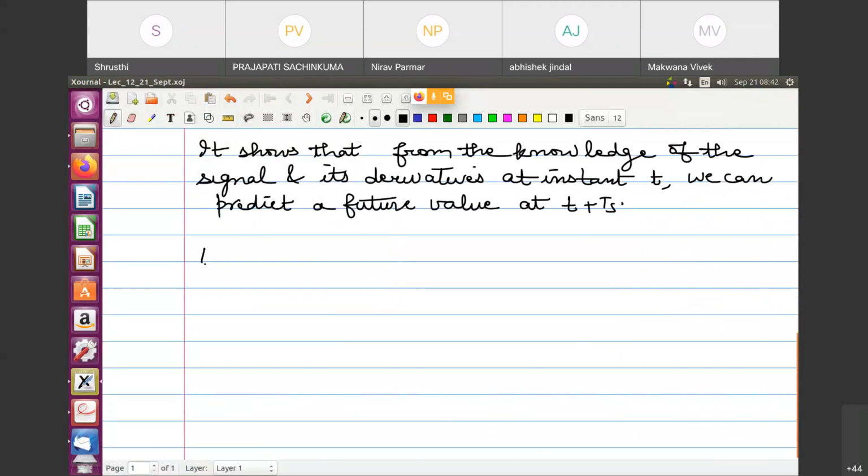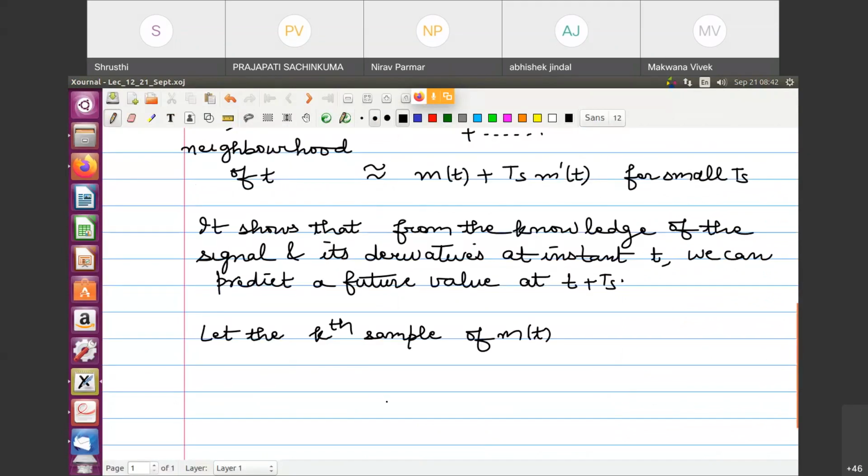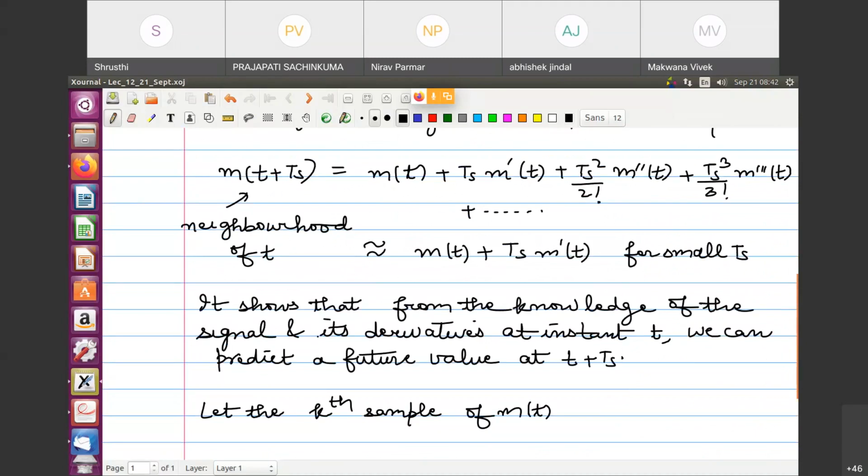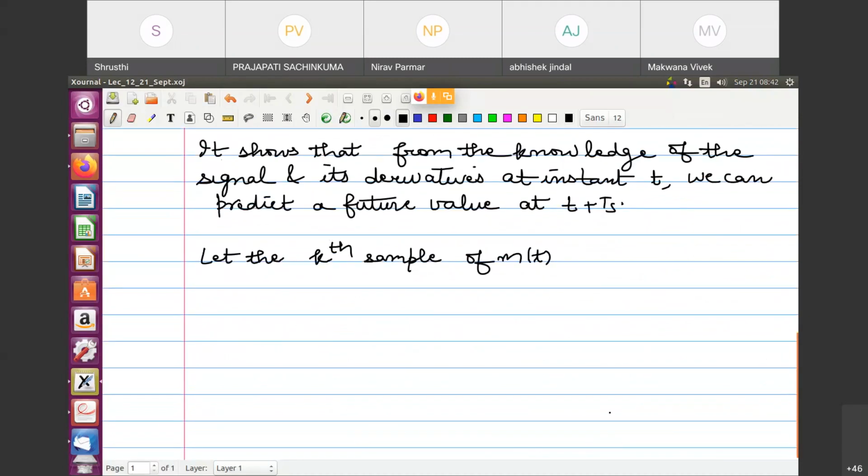So let the kth sample of m of t. So earlier basically we were thinking of t being a continuous variable, so we wrote this down. Let us see what happens to the discrete case. See, this motivation is being given in B.P. Lathi's book, and this is good because other textbooks would directly introduce the predictor to you.